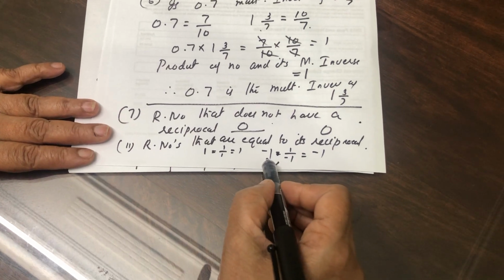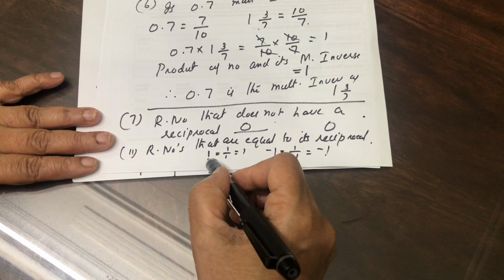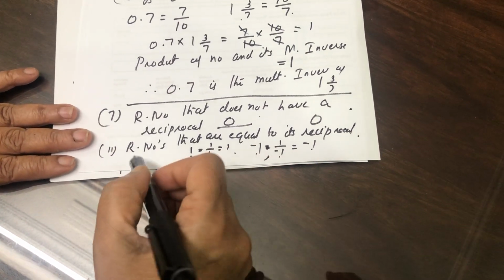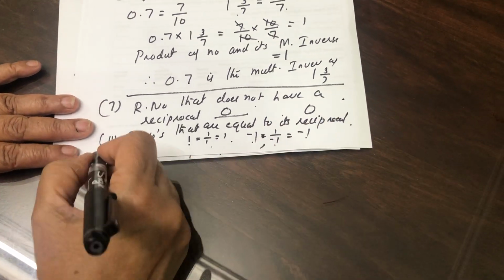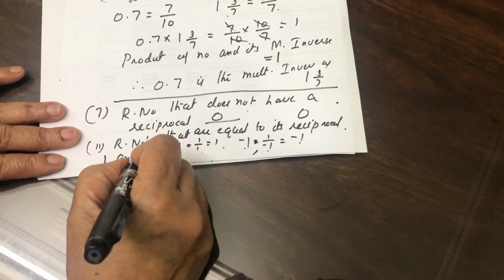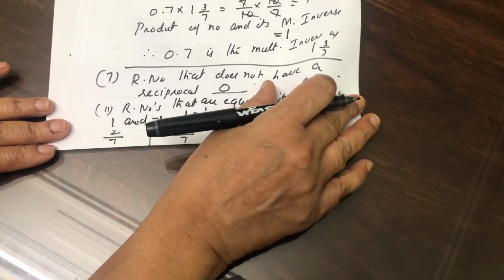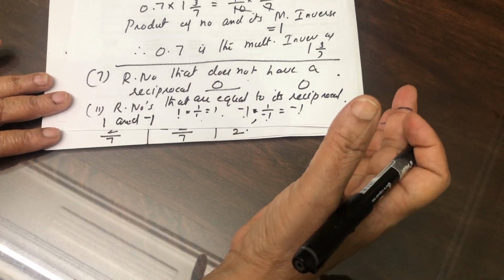Therefore, the rational numbers that are equal to their reciprocal are 1 and minus 1.